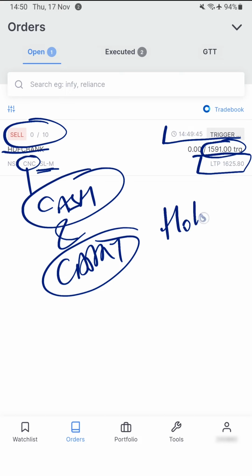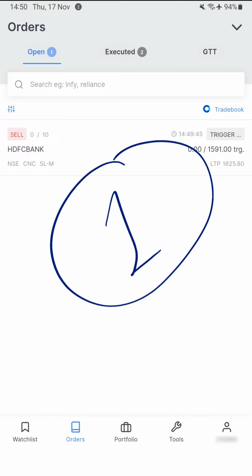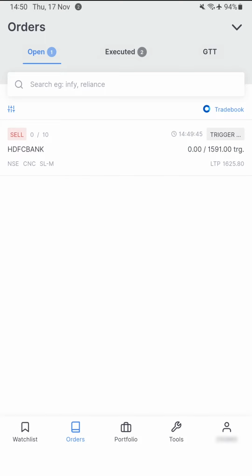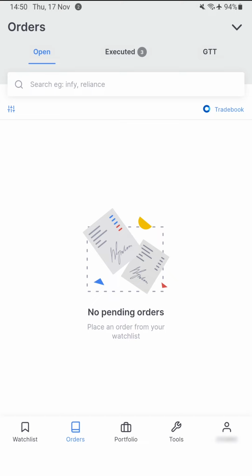These are from my holdings. In fact, these are from my long-term holdings. So that's how you place the first kind of stop loss, which is for today. Now, let me show you how to cancel this order in case you need to cancel it. Within orders, I'm going to just click on this order, click cancel, and this order has been cancelled.